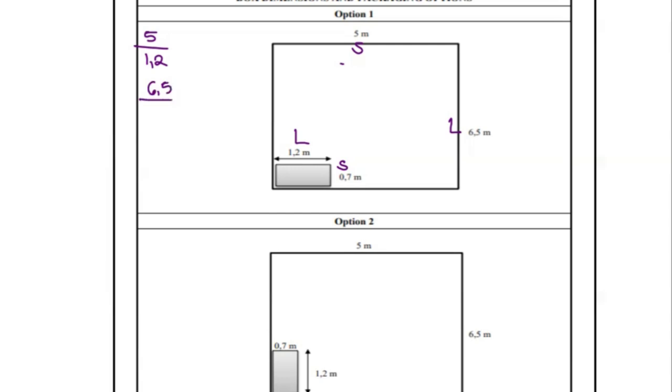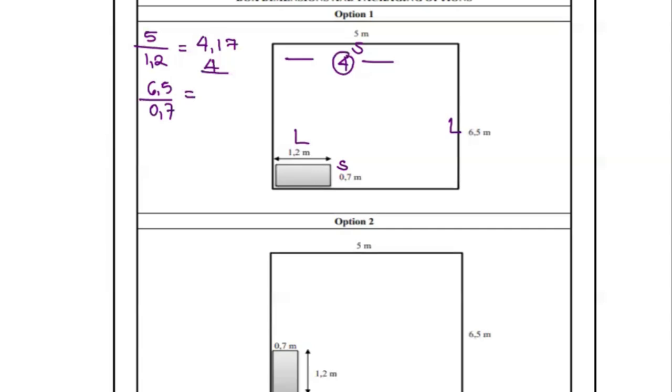whereas 6.5 divided by 0.7. So 5 divided by 1.2, we have the answer 4.167, but boxes can't be in halves, so we shall say 4 boxes. On this side here, we shall need 4 boxes.